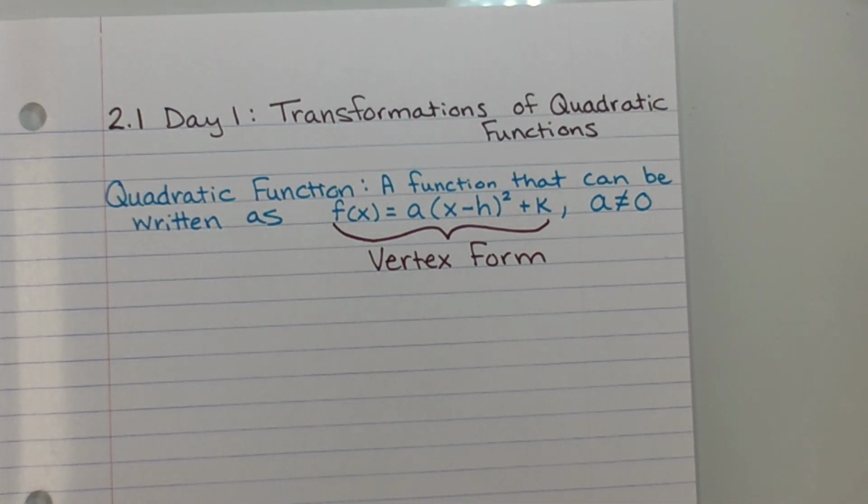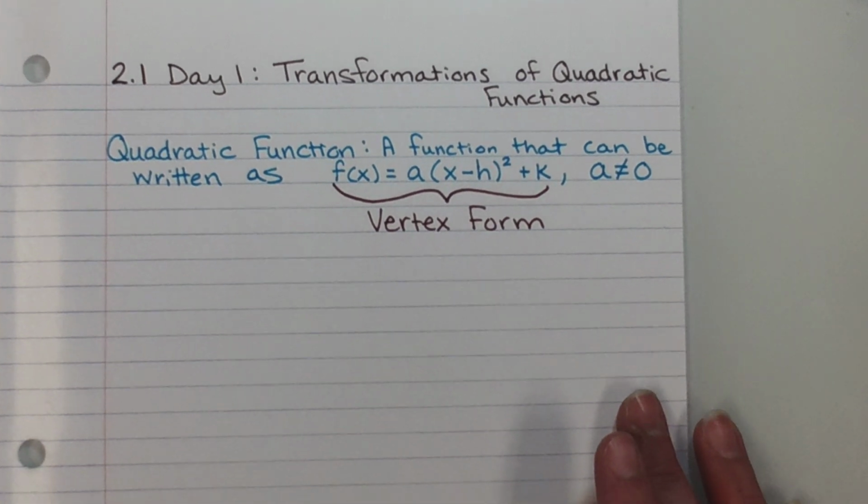Now, when we talked about transformations back in chapter 1, it wasn't just a, h, and k, though. What was the other variable that messed with the graph? b.